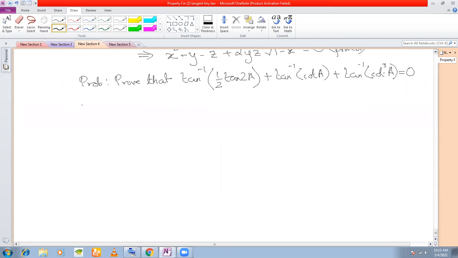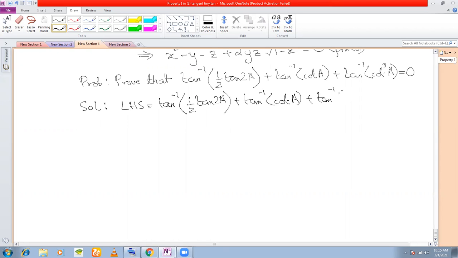Fine. Solution. So you need to prove this. So you start from the left hand side. Tan inverse half tan 2A plus tan inverse cot A plus tan inverse cot cube A. Now it looks as if you reached a dead end.